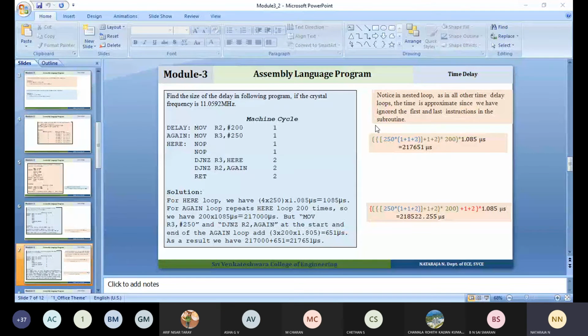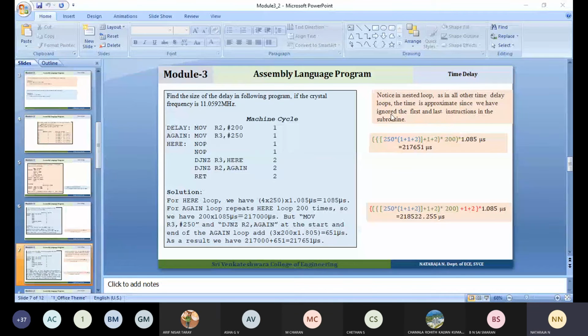See here, in the first one they had given 250 into 1 plus 2. No operation starts at 1 plus 2. Here the loop is from here to here: no operation, DJNZ R3. 2 plus 1 plus 1, totally 4 into 250. Plus again 1 plus 2, which is left out, 1 and 2.